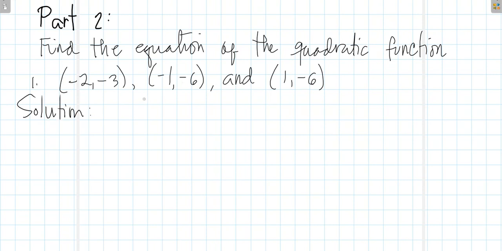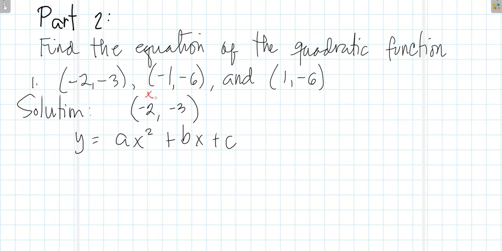First, you're going to substitute using the first point, which is (-2, -3), in your standard form, y = ax squared + bx + c. Since this is an ordered pair, x is equal to -2, y is equal to -3.